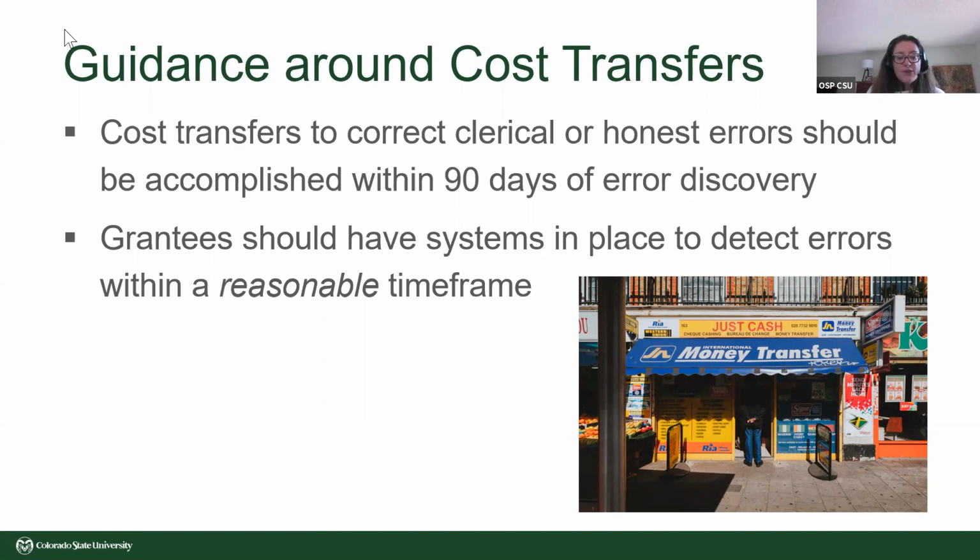Okay. Not following institutional policies or practices can be another issue for audit. Okay. And when the cost transfer results in adjustment to your effort certification or your payroll certification. So you put a charge on an award, a charge of effort, right? Salary on an award.